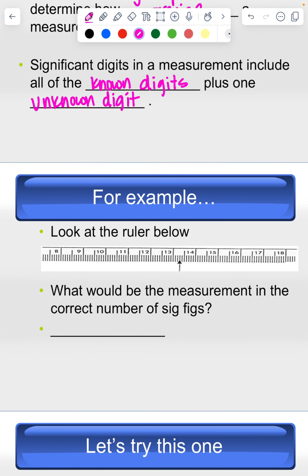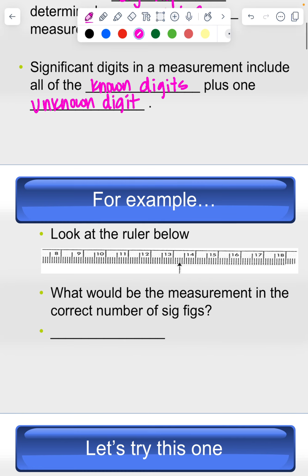If we have a ruler or a measuring tape, and this is our measurement right here, we would have to go to the last known, which would be 13 point, and we could go either 13.3 or 13.2. Let's go to 13.2.